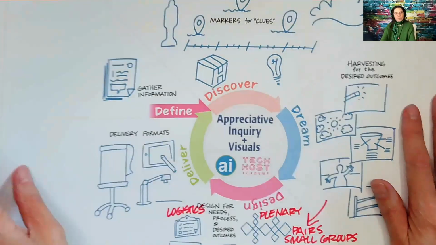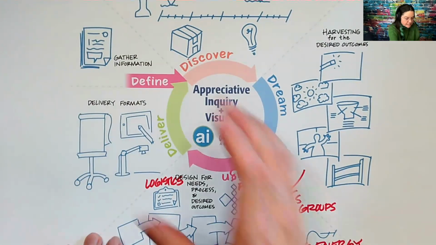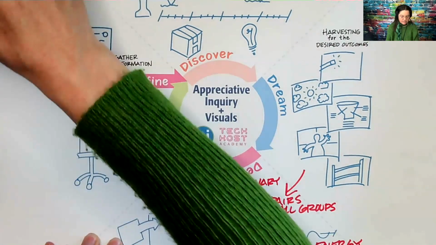If I had to narrow this down, I go through each of those phases. There are visuals that live within each of these phases, but I essentially go through all of them. It's what helped me have some kind of sanity when I was working in Washington, D.C. and starting out as a facilitator.